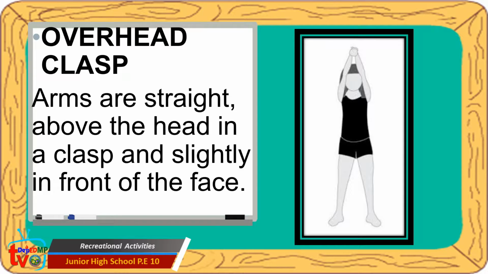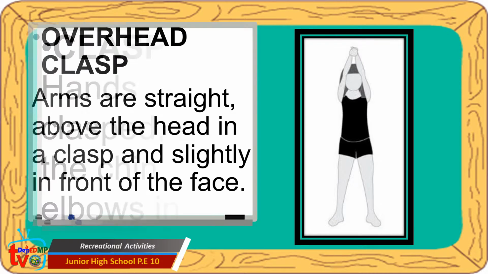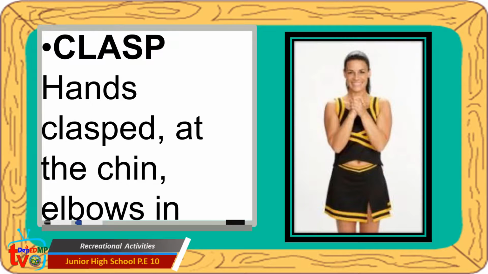Overhead clasp: arms are straight above the head in a clasp and slightly in front of the face. Clasp: hands clasped at the chin, elbows in.